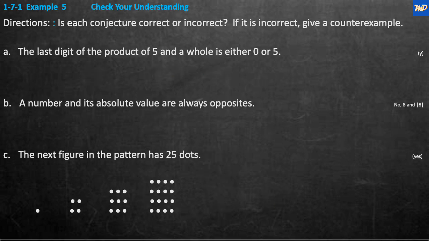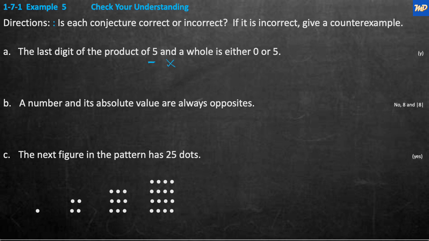Okay, example 5, check your understanding. Directions. Is each conjecture correct or incorrect? If it is incorrect, give a counterexample. The last digit of the product of 5 and a whole number is either 0 or 5. This obviously means 5 times some number.